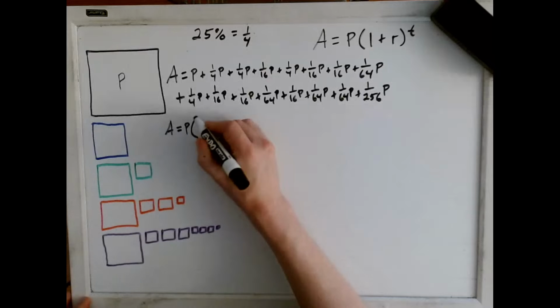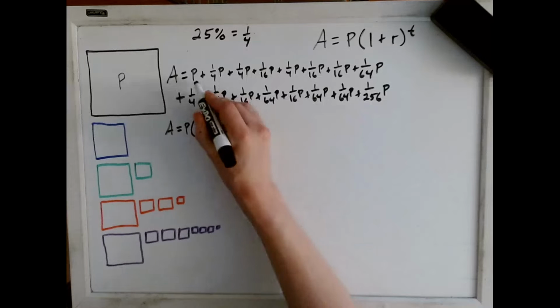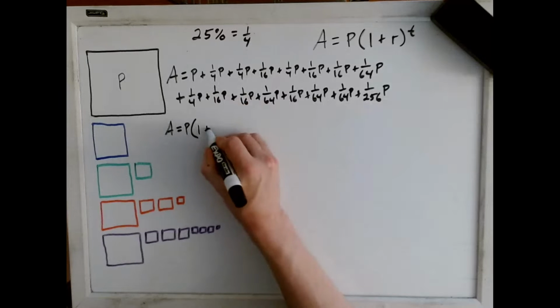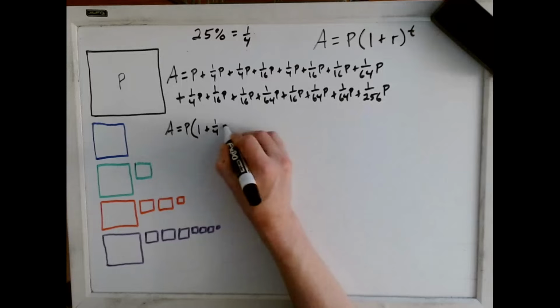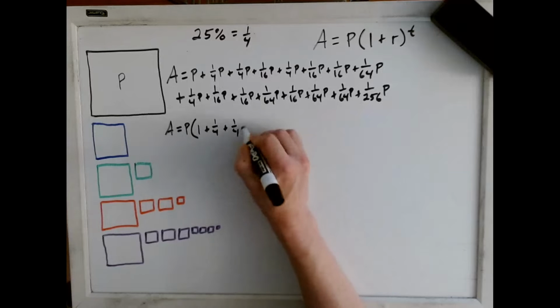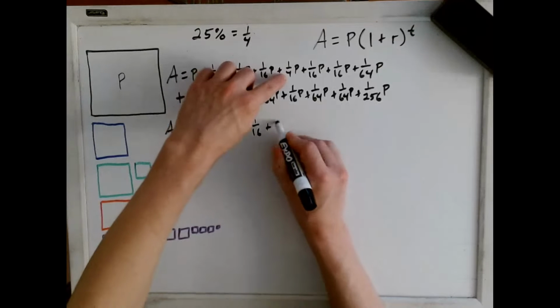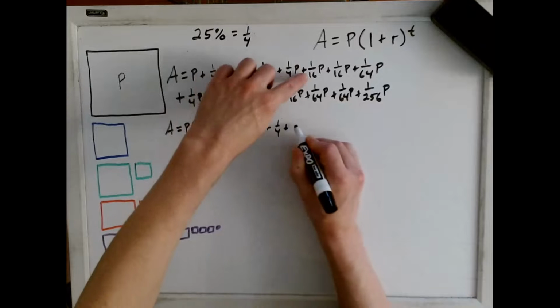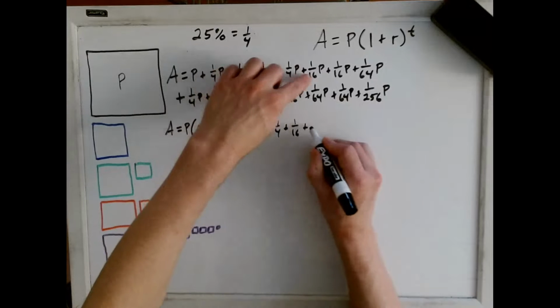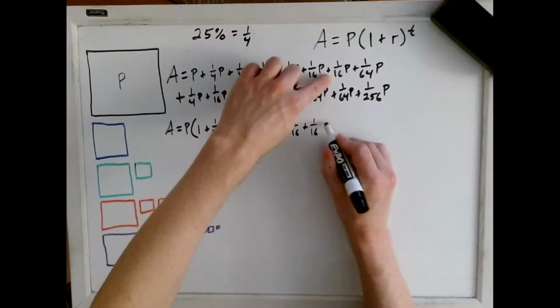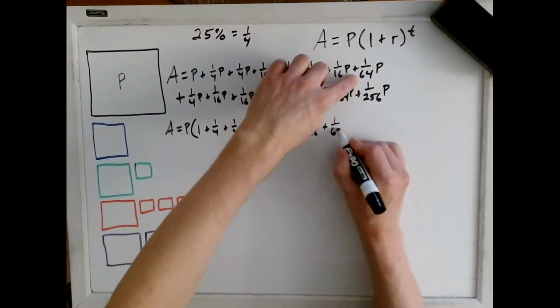So we can write this as the amount is P times 1 plus 1/4, 1/4, 1/16, 1/4, 1/16, 1/16, 1/64.